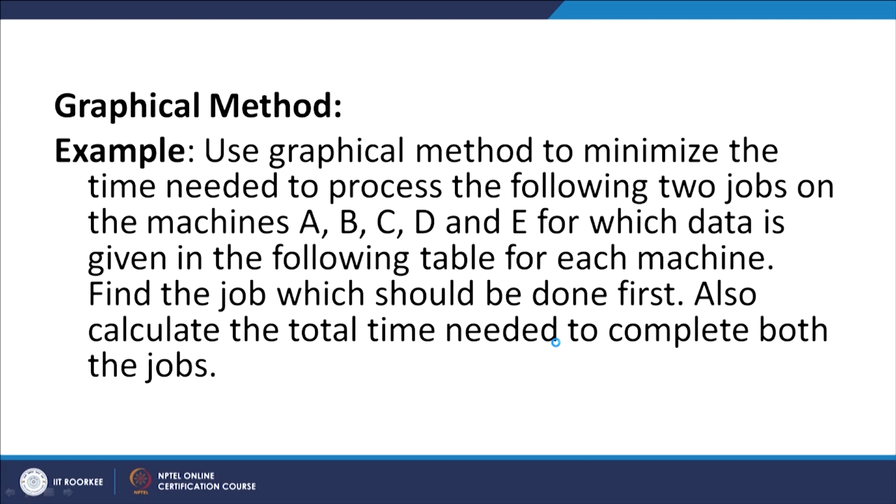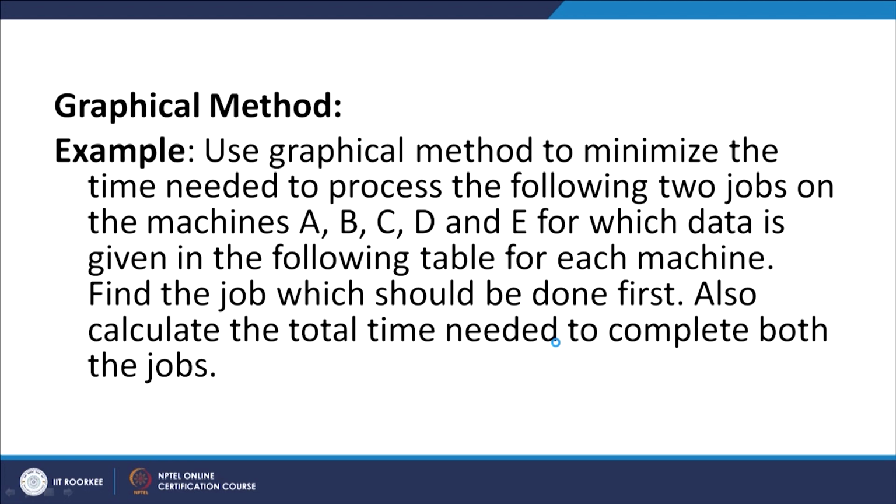Use the graphical method to minimize the time needed to process the following two jobs on the machines A, B, C, D and E, for which the data is given in the following table for each machine. Find the job which should be done first and also calculate the total time needed to complete both the jobs.